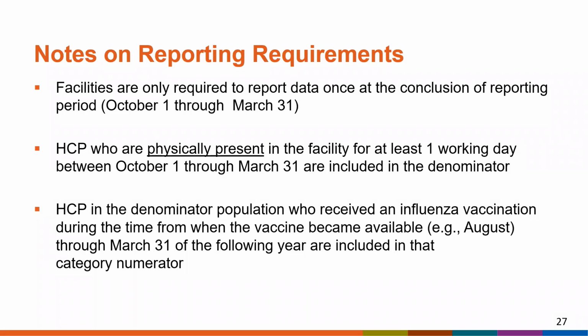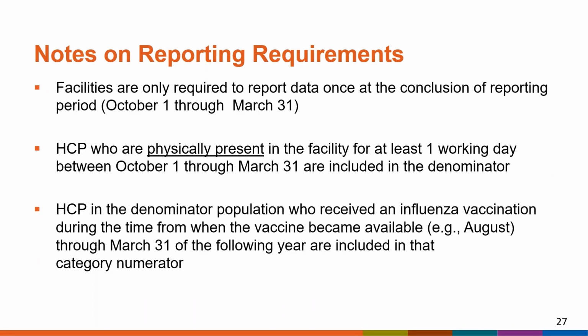Facilities are only required to report data once at the conclusion of the reporting period. Healthcare personnel who are physically present in the facility for at least one working day during the reporting period are included in the denominator. Therefore, healthcare personnel always working off-site or out of state should not be counted since they are not physically working in the facility.